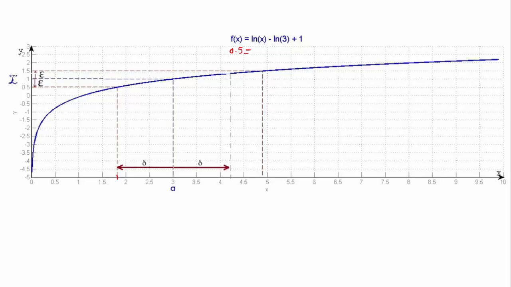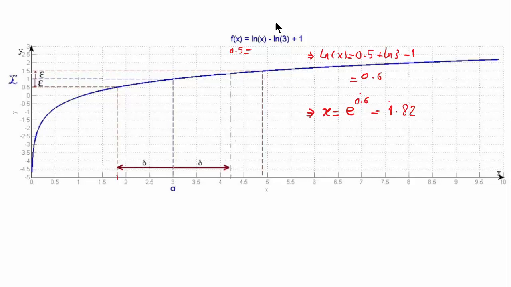So we have 0.5 equals this, which implies that ln of x equals 0.5 plus ln of 3 minus 1, which I found to be approximately 0.6, which implies that x is the inverse function of this function, which is the exponential. So it's the exponential of 0.6, which I found to be approximately 1.82.